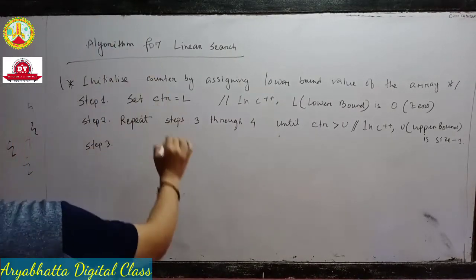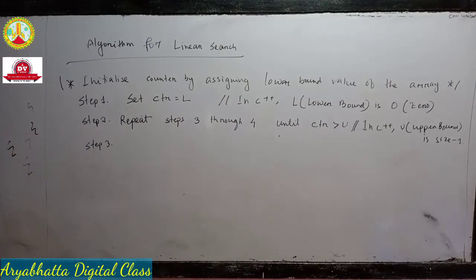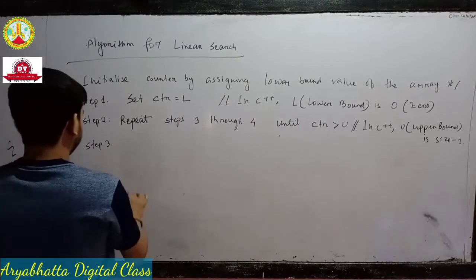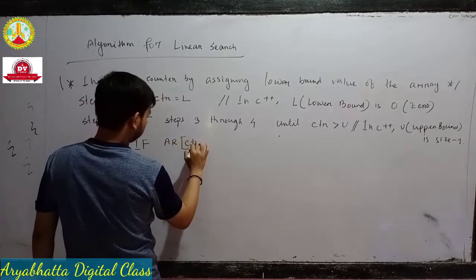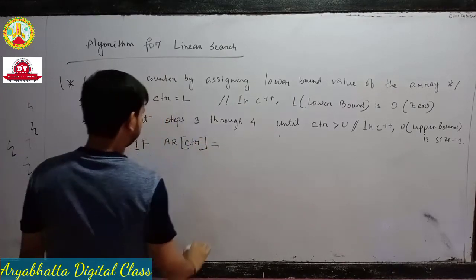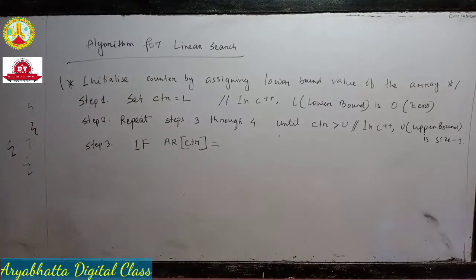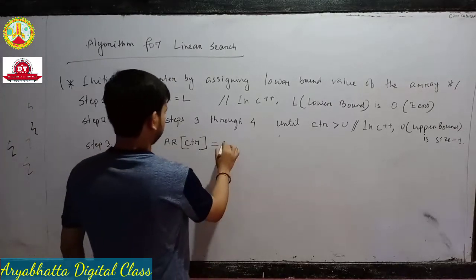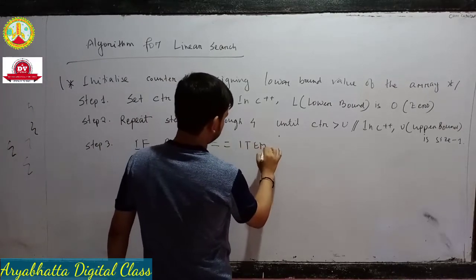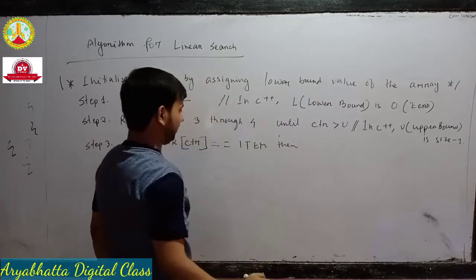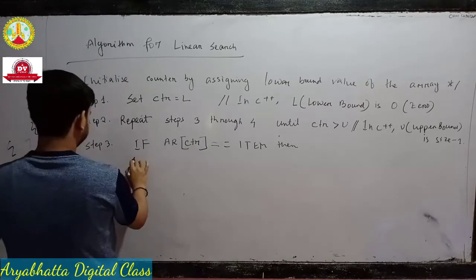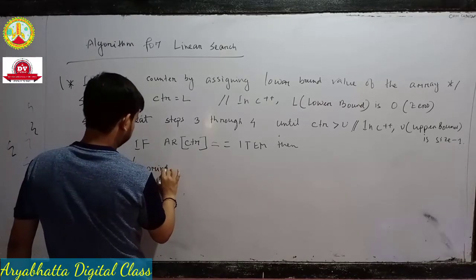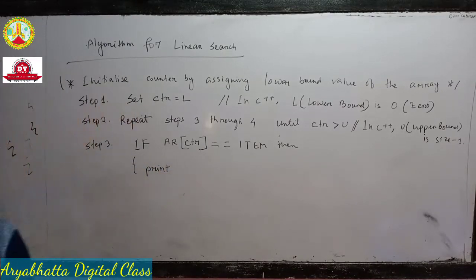Step 3. Now important. If ARR[CTR] is equal item, double is equal, then print search successful.